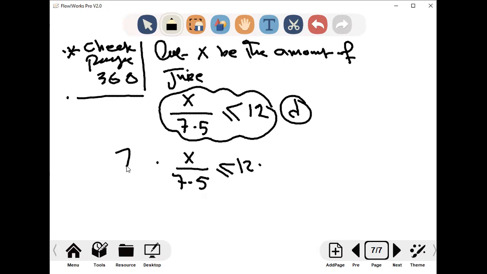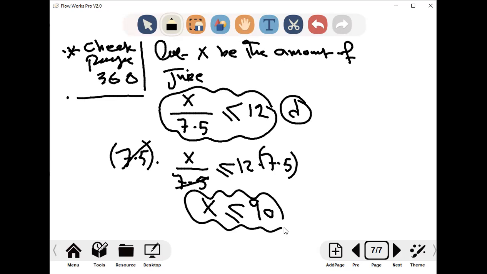We multiply both sides by 7.5. x less than or equal 7.5 by 12, and the half of the 12, 84, 9. So here, x less than or equal what? 90. So the amount of juice should be either 90 or less.